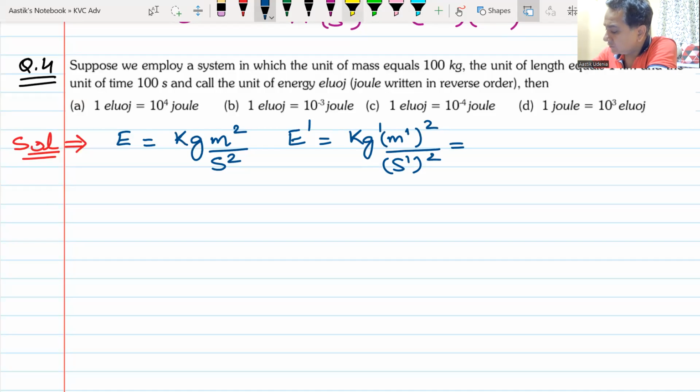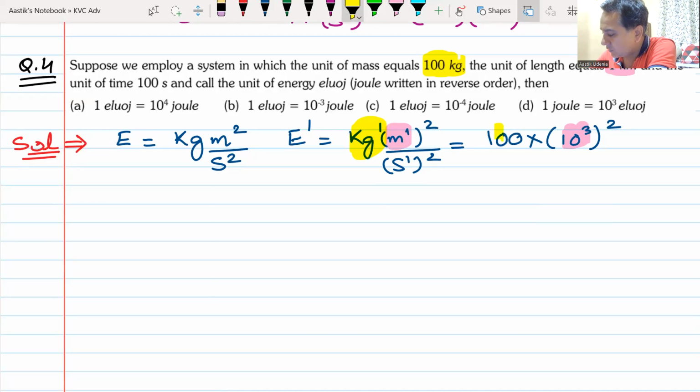New kg, which is kg dash, is 100 times the original kg. So I just write it here, 100 times. New meter dash is 1 kilometer, so 10 raised to the power 3 meters. So just remember that. So multiplied by 10 raised to the power 3 squared, the pink one.